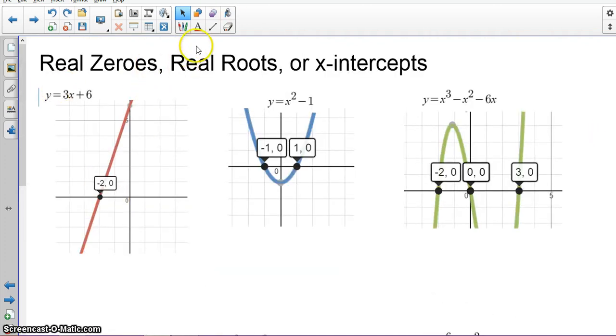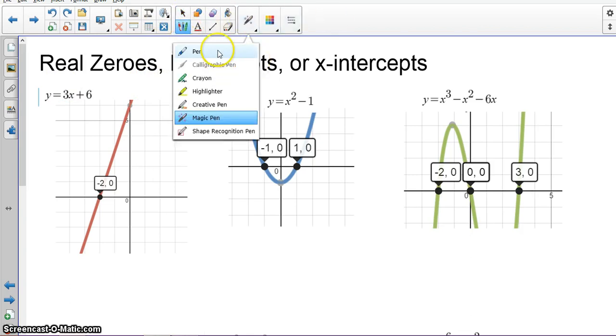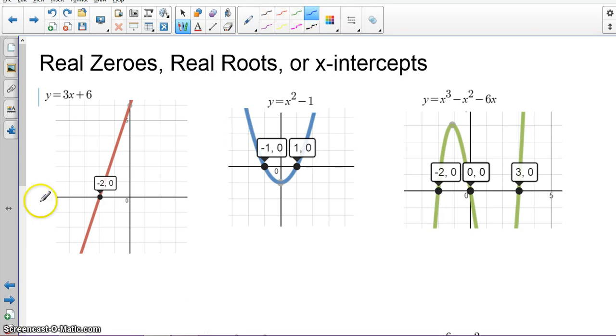So what you do to figure out the x-intercepts is you make an equation. The technique for finding the x-intercept is you say, let's say y is 0, and you solve for x.